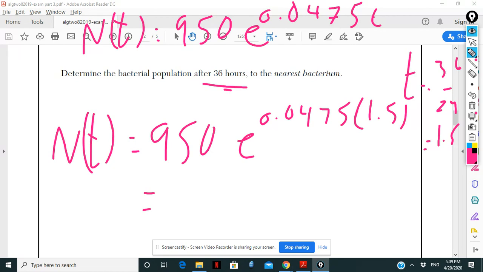Okay, and I'm going to do e to the power of that, 0.0475 times 1.5, e to the power is about 2.03, times 950. I should use the calculator.